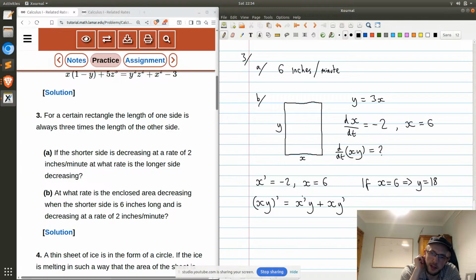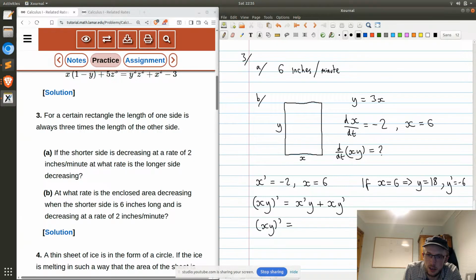Am I not thinking through this straight or what? No, I mean, I just did it, didn't I? That's decreasing at a rate of 2 inches per minute. So the longer side must be decreasing at a rate of -6 inches per minute. It's as simple as that. There.